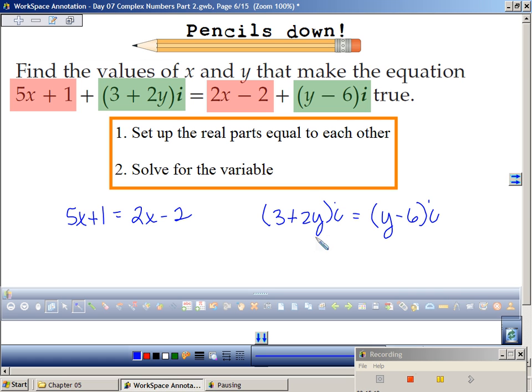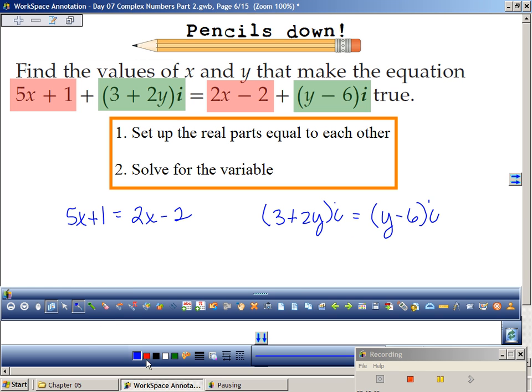What could I do over here? Anybody see it? What could I do to both sides over here? Why would you distribute when you could divide? What do both sides have?